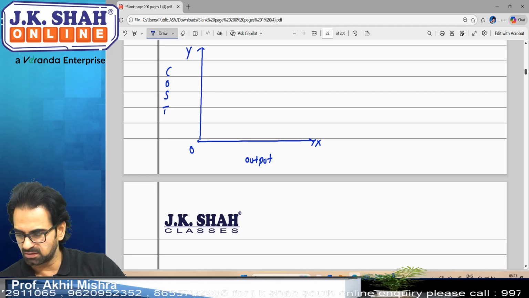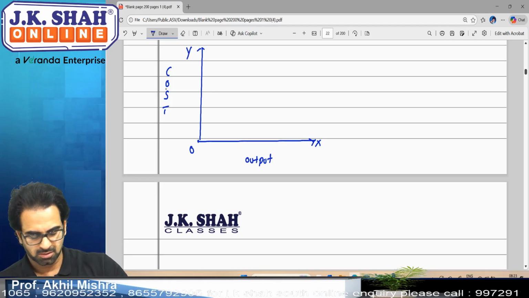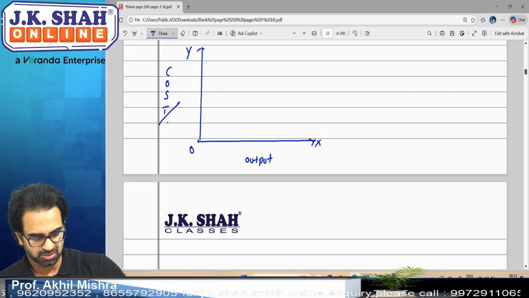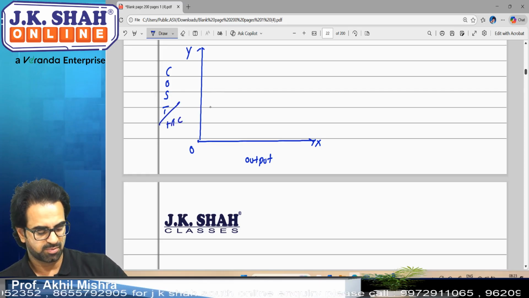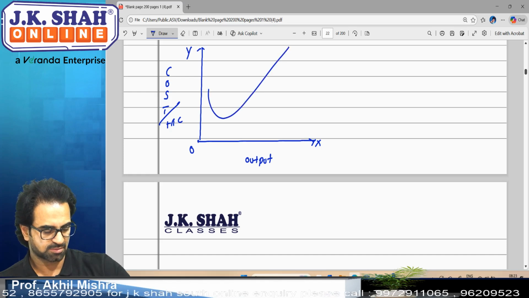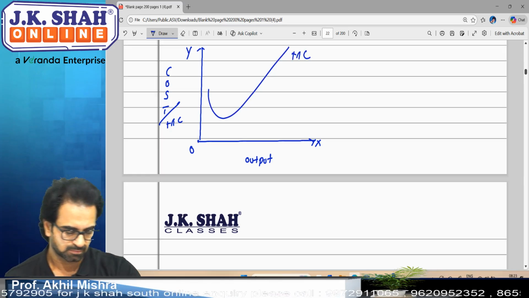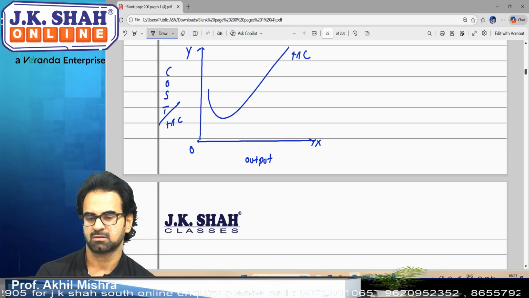You put the marginal cost figures, because the output is 1, 2, 3, 4, 5, 6. If you put the values, you'll get a diagram like this. Marginal cost.